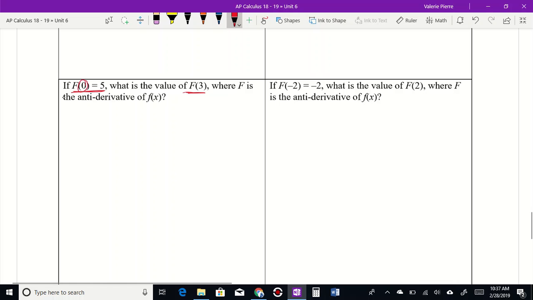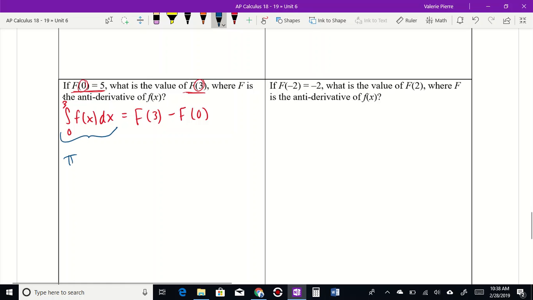Okay, so since it gives us these x values 0 to 3, that means that we're looking for the integral from 0 to 3 of f of x dx. And using FTC, we know that means that we're going to take F of 3 minus F of 0.